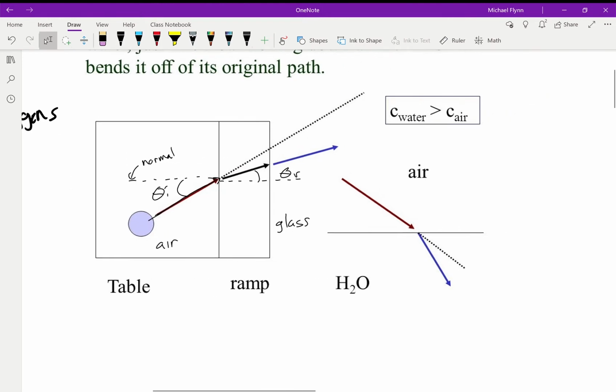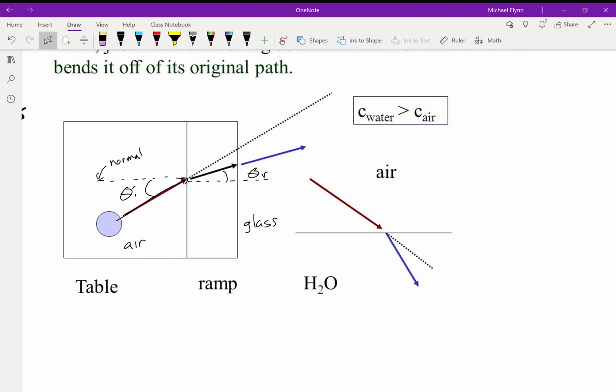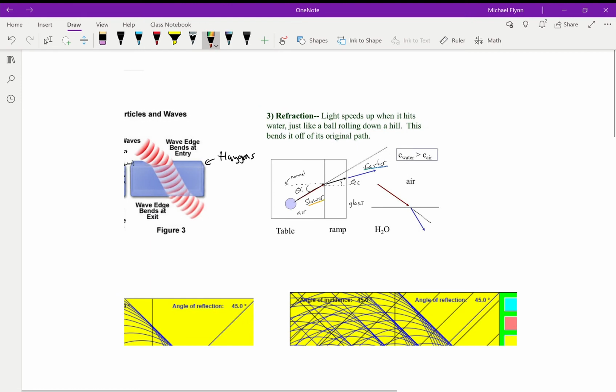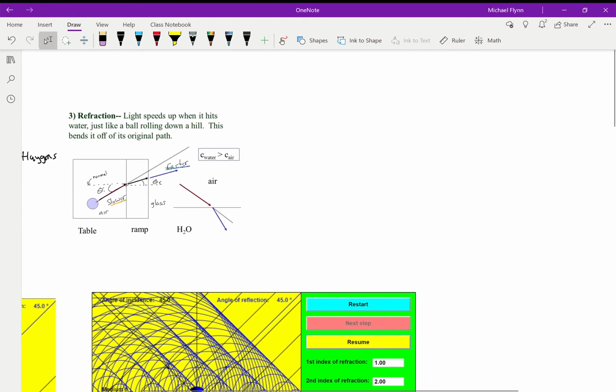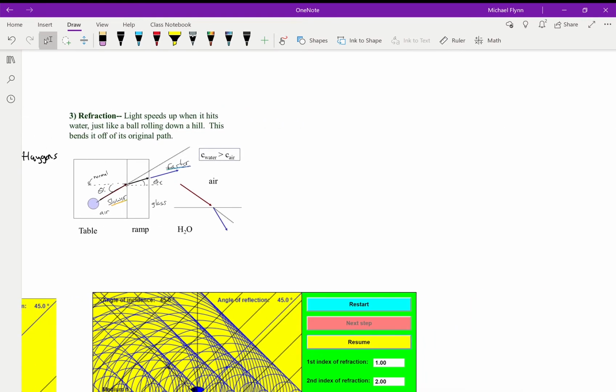Now, here's the deal. The key is that the marble is moving faster here and slower there. So if I were to summarize this for you, I'm going to write it over here.